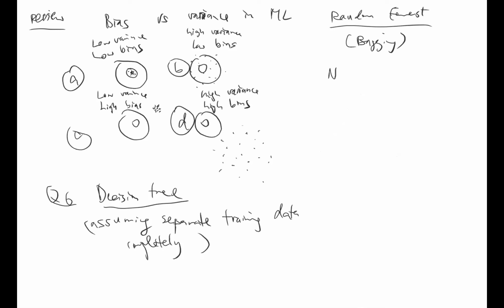I will train this model many times, but of course I only have one data set here. So I'm going to do some form of bootstrapping. I'm going to sample from this data set with the same size, with replacement.